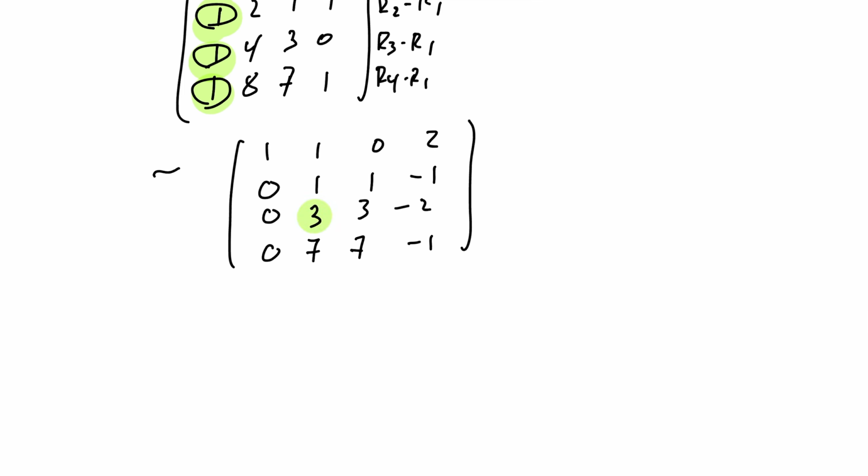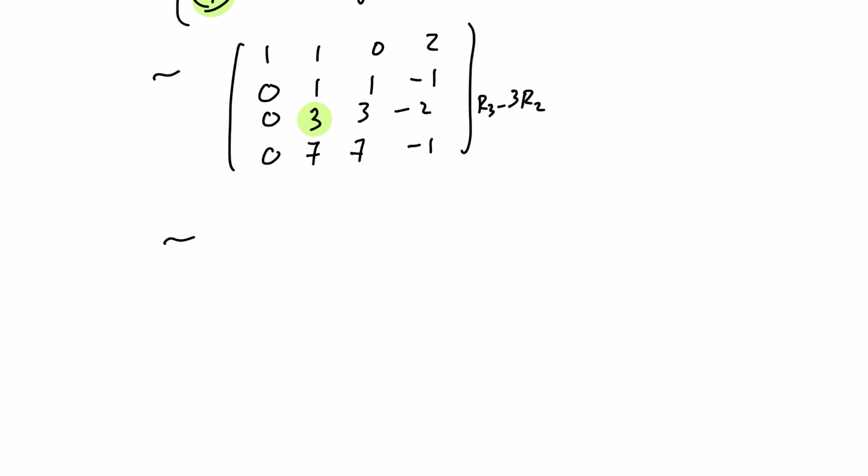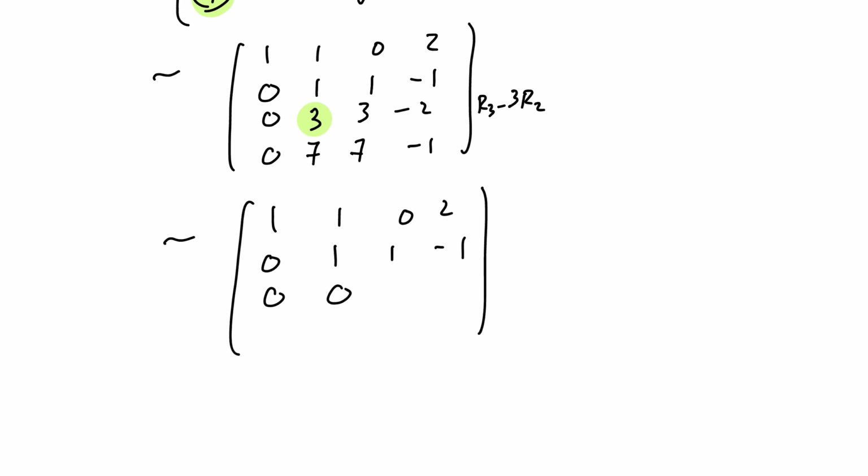Continuing in this fashion, I want to now make this entry here 0. So I'm going to go ahead and take row 3 minus 3 times row 2. And continuing my row reduction, the top row is unchanged, the second row is also unchanged, and this is going to be 0, 0, 0. The final entry will be negative 2 plus 3, which is 1, and the last row will be 0, 7, 7, negative 1.